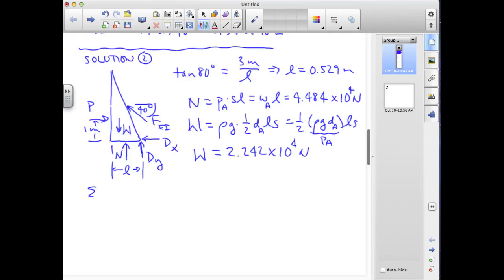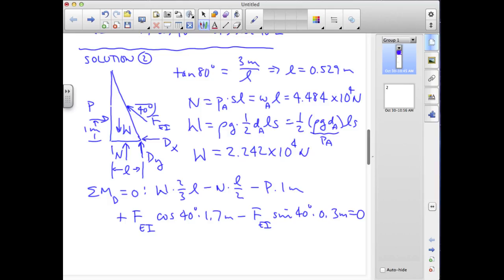So again, we'll take moments about D and set that equal to 0. Now we have the weight times 2/3 L minus N times L over 2 minus P times 1 meter, and then plus the contributions from the brace EI, all of that equal to 0.